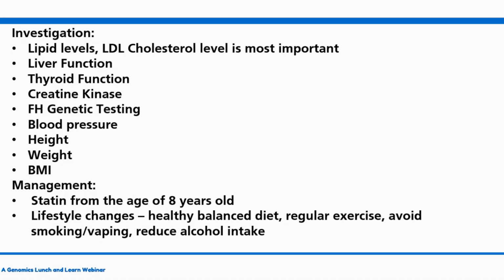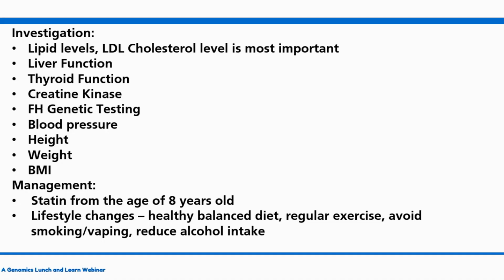But equally, for children where their parent already has a known genetic mutation identified, then the children of those parents are automatically eligible for FH genetic testing, and that's what we refer to as the cascade screening.